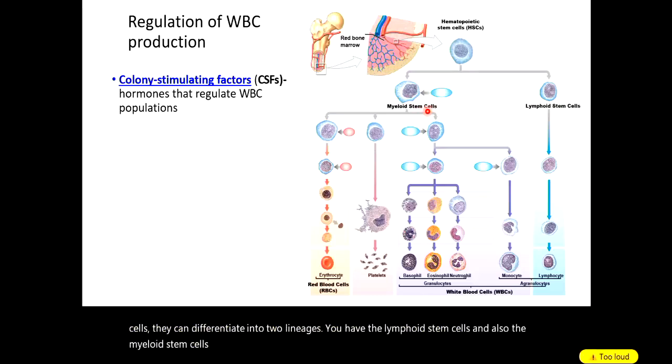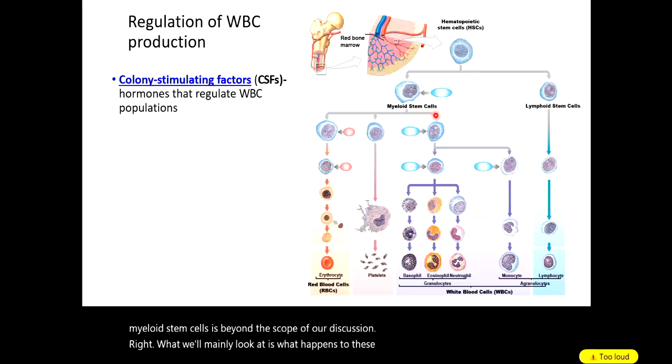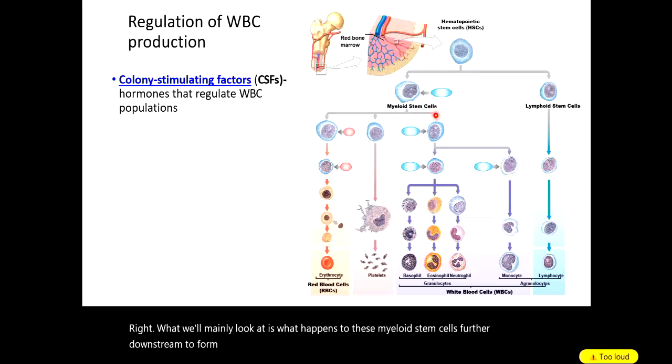What causes the hematopoietic stem cells to differentiate into lymphoid or myeloid stem cells is beyond the scope of our discussion. What we'll mainly look at is what happens to these myeloid stem cells further downstream to form either various white blood cells or red blood cells. The lymphoid stem cells will eventually turn into lymphocytes, as shown here.